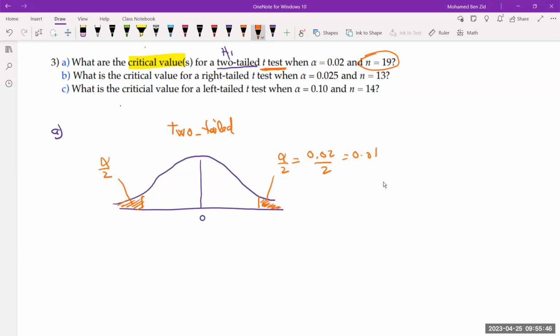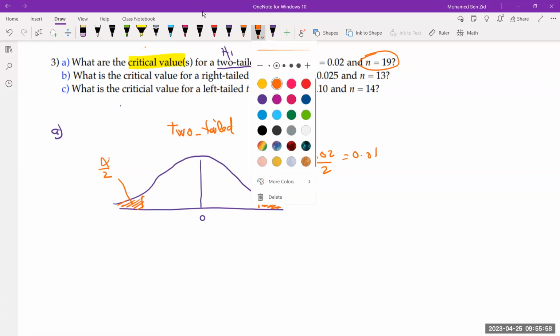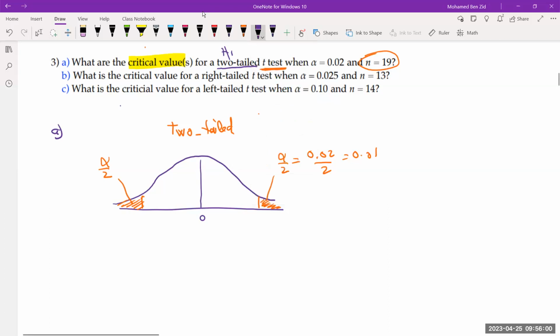Once I grab the alpha over 2 and alpha over 2, this is going to determine where the cutoffs are going to happen. And the cutoffs are where you're going to reject H0, and from this side you're going to reject H0.